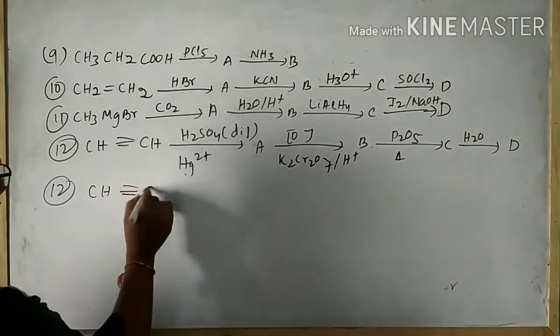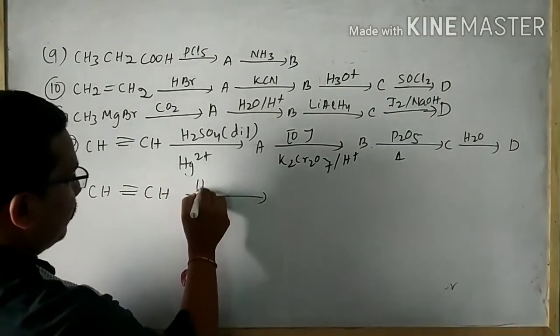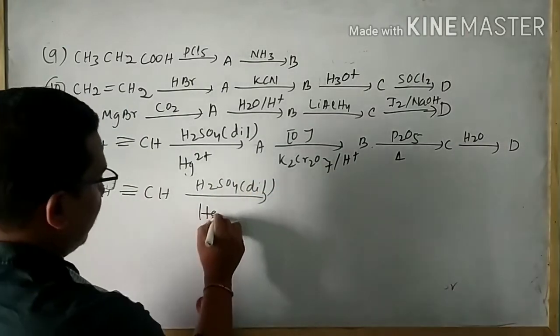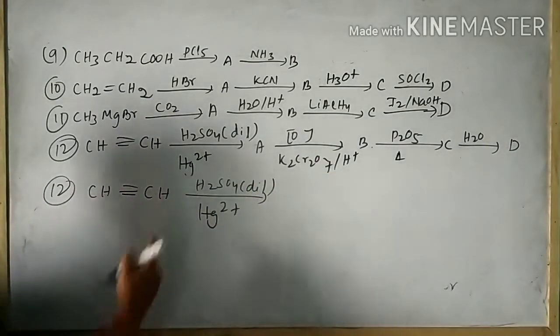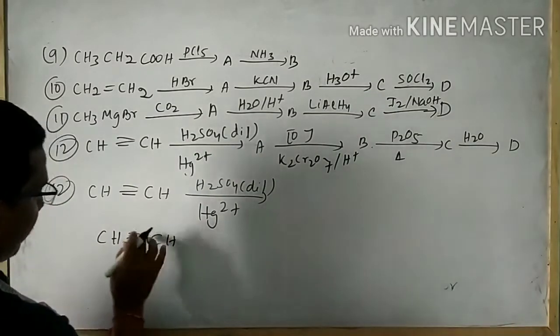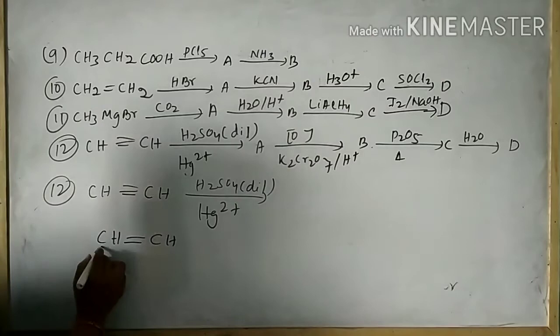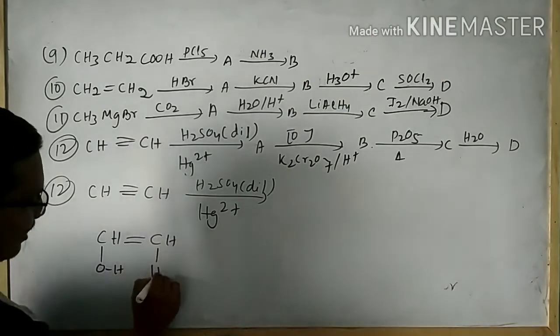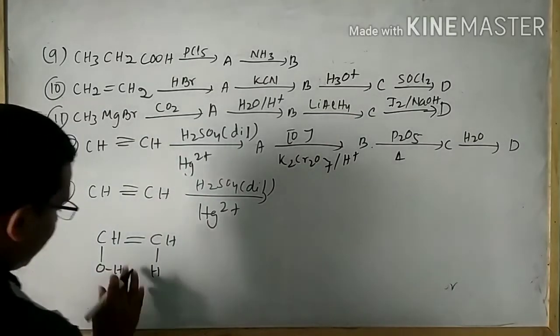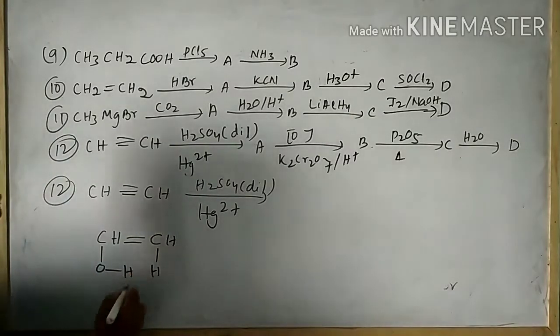HC≡CH with dilute H2SO4 means addition of water, Hg2 plus. Here water is present, so at first I will break a pi bond and attach OH here and H. This comes from the water. This is an unstable product. It wants to stabilize.